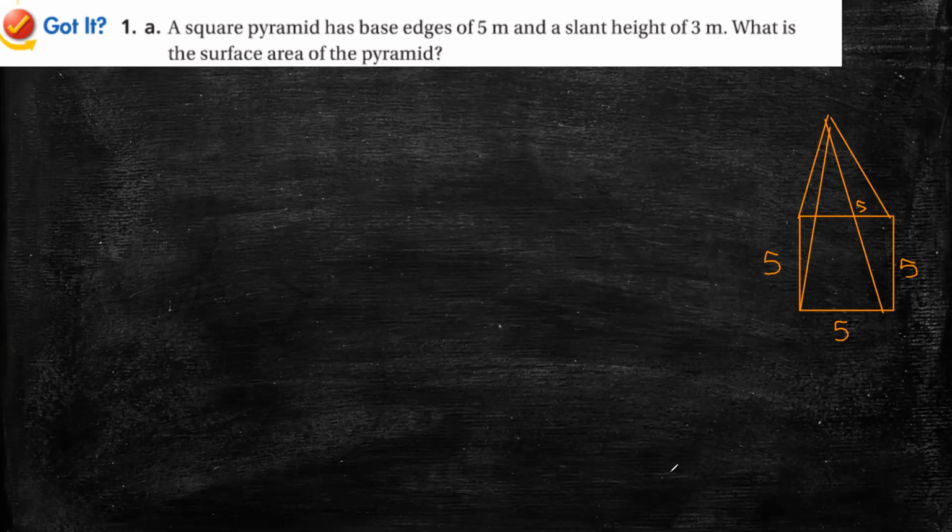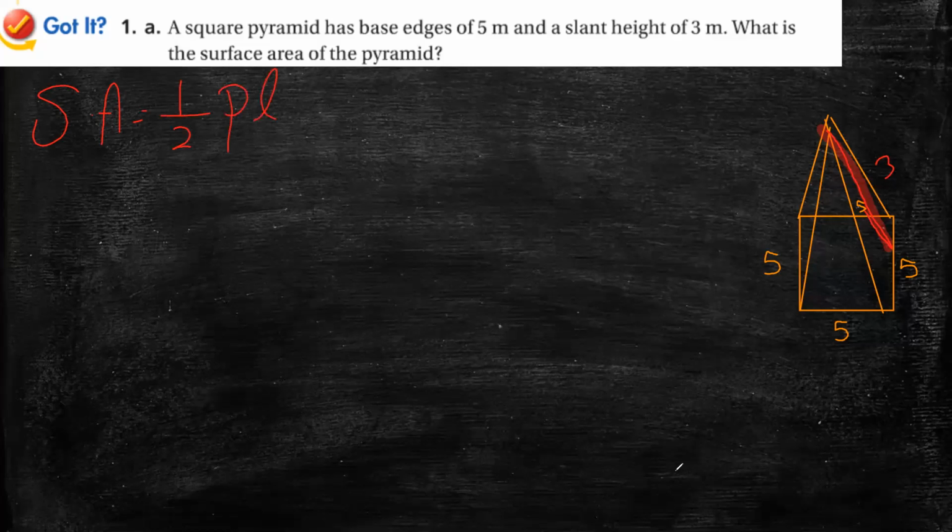And they have a slant height of 3. Here now, the slant height is 3. What is the surface area here? Now, as we say, the surface area is half the perimeter times the slant height plus the area of the base.